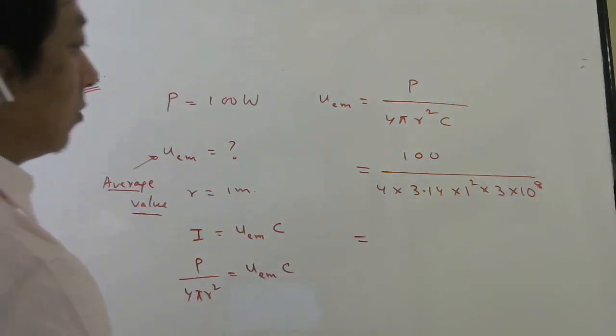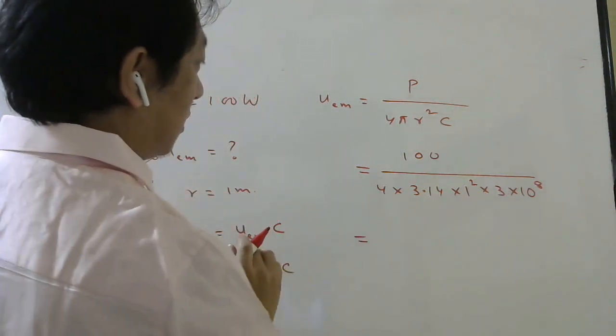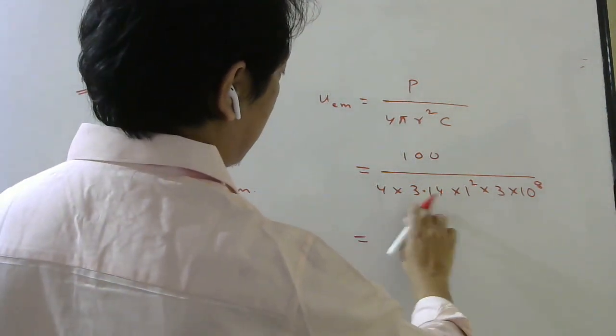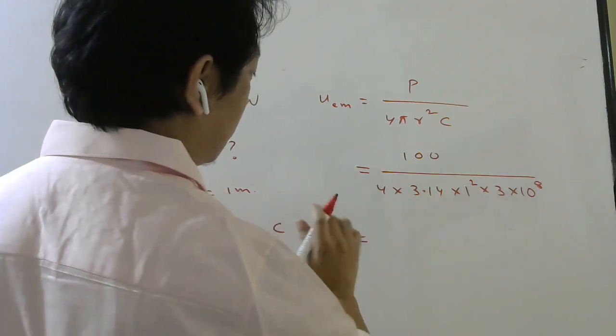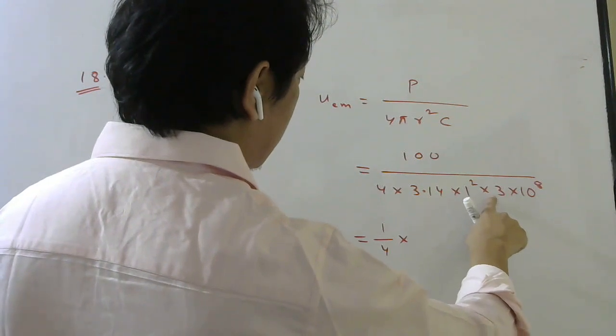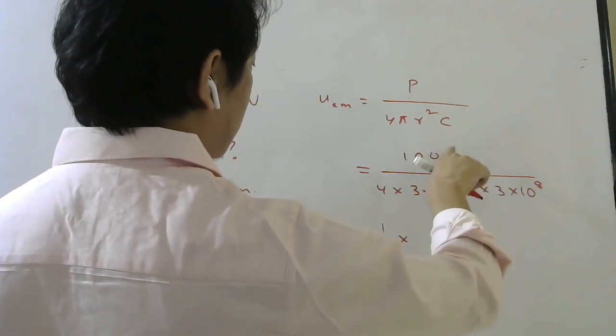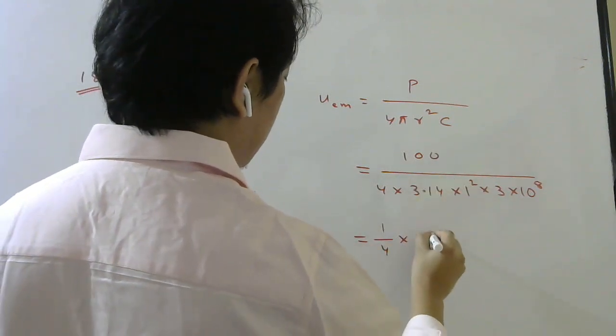So this will be how much? Okay. So this into this will be almost how much? 3 3s are 9. So this into this will be almost 10. So I write 1 by 4 into this is 10. 10 and 10 power 8 will be 10 power 9. That will go up minus 9. Minus 9 plus 2 will be minus 7.